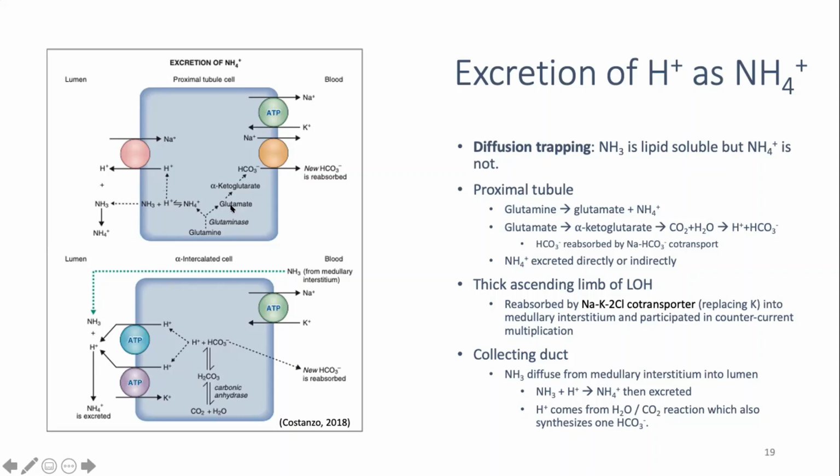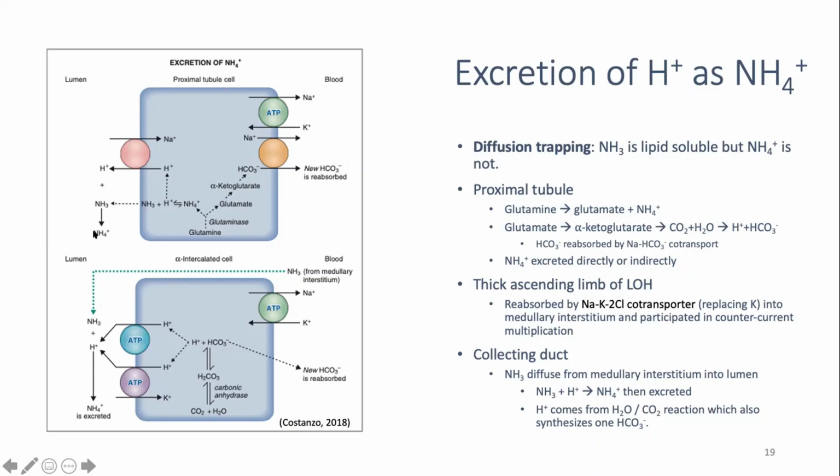What happens to the glutamate? This glutamate will be converted into alpha ketoglutarate, then into bicarbonate, and this bicarbonate will be reabsorbed. What happens to the ammonium in the tubular lumen at the proximal tubule cell?